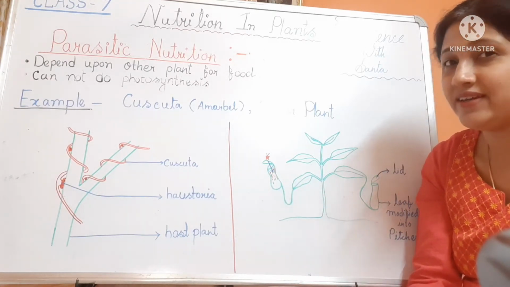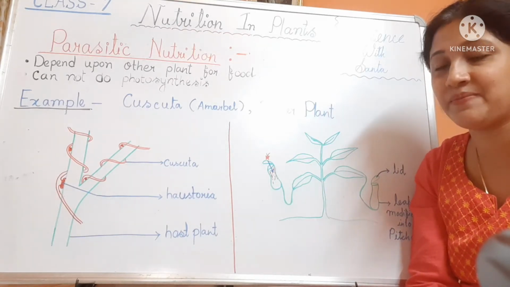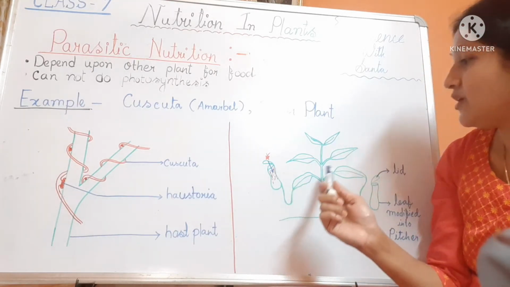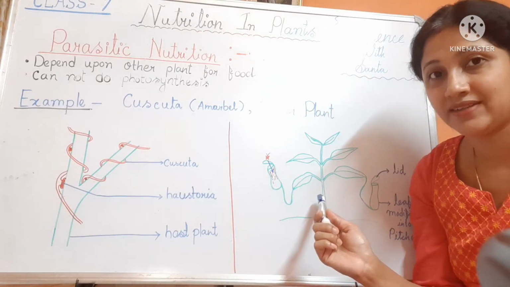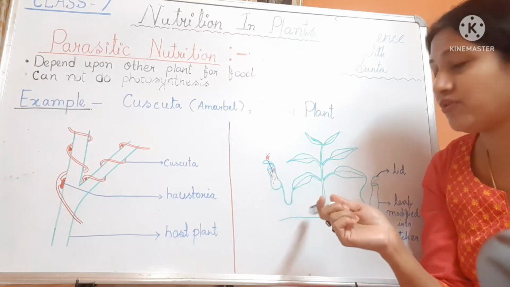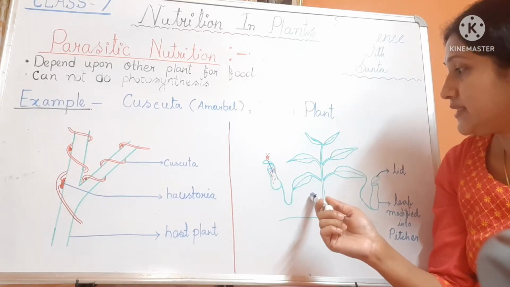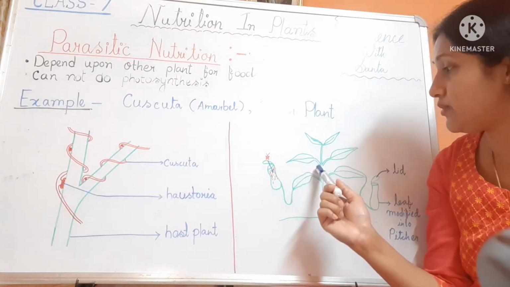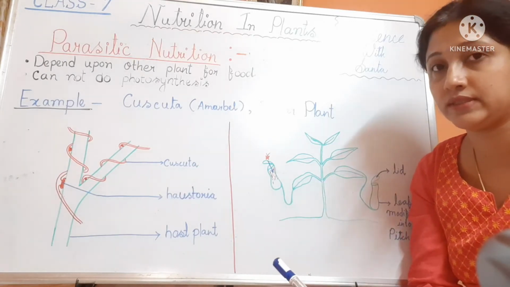Isn't it very interesting to see this plant? Yes, it is. But we do not see this plant very often. It is found in the northeastern part of India. This plant can do photosynthesis. As you can see, its leaves are green.